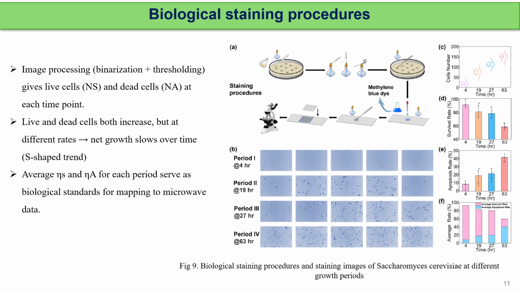Both live and dead cell numbers increased over time but at different rates, which produces the classic H-shaped trend of yeast growth. From this data, we calculate the survival rate NS and apoptosis rate eta A. The average for each period serves as ground truth for our mapping with the microwave parameters.